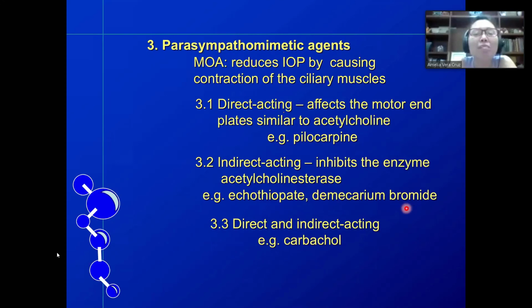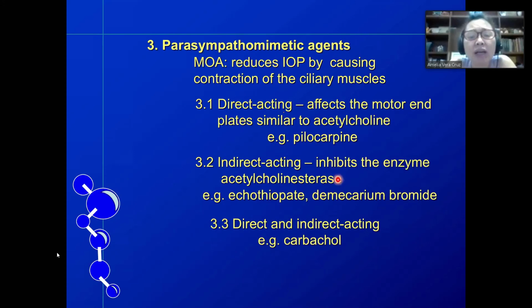Now, your parasympathomimetic agents. Ito na to, ha? They reduce IOP by causing contraction of the ciliary muscles. Yan ang sinasabi ko kanina sa inyo. The direct acting is your pilocarpine. They affect the motor end plates, with an effect similar to acetylcholine.